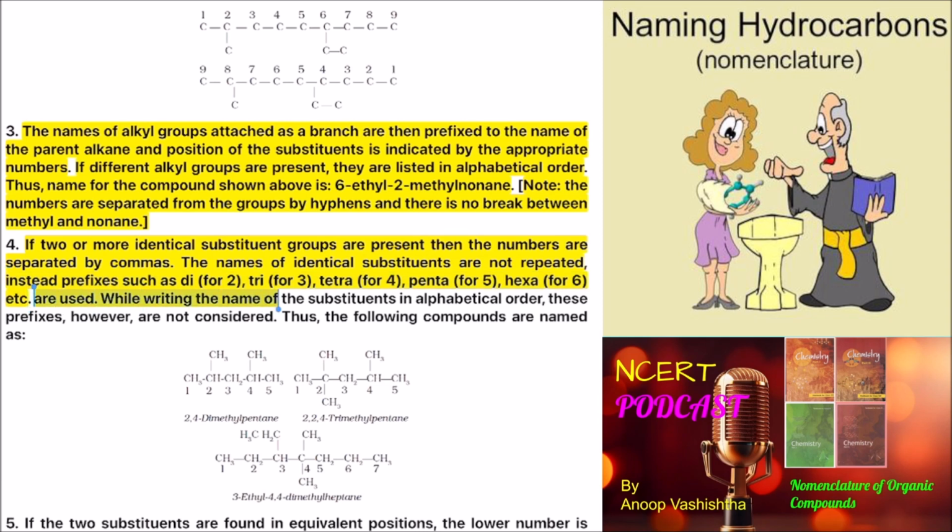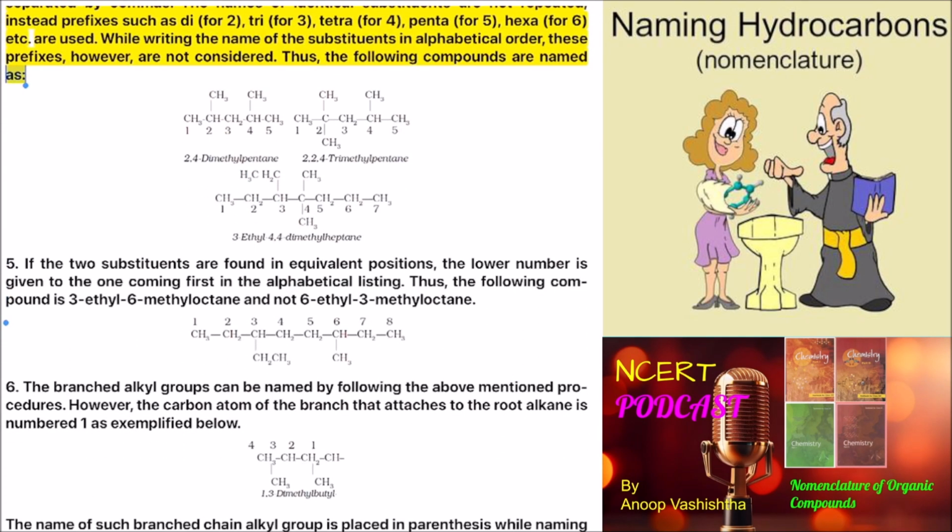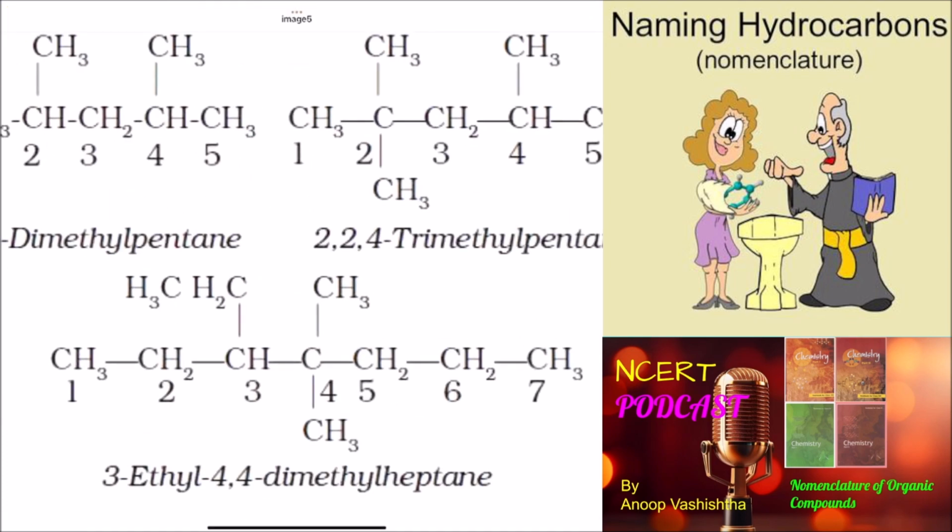While writing the names of substituents in alphabetical order, these prefixes, however, are not considered. Thus, the following compounds are named as 2,4-dimethylpentane, 2,2,4-trimethylpentane, 3-ethyl-4,4-dimethylheptane.